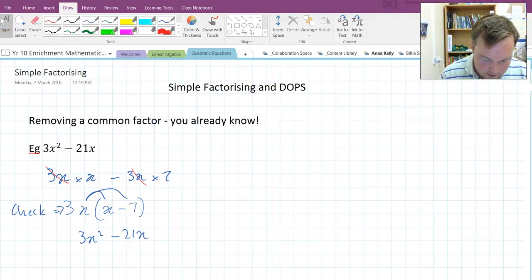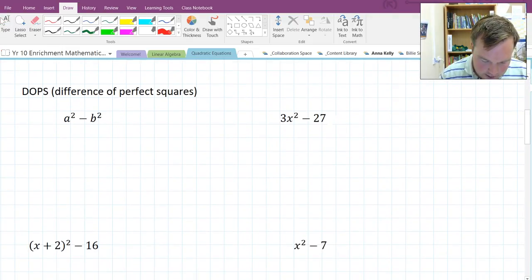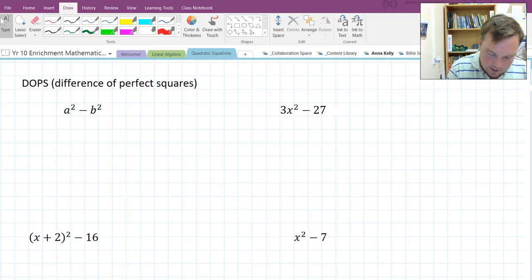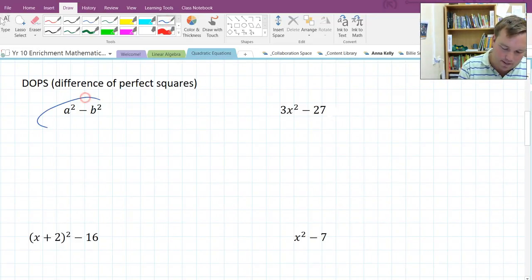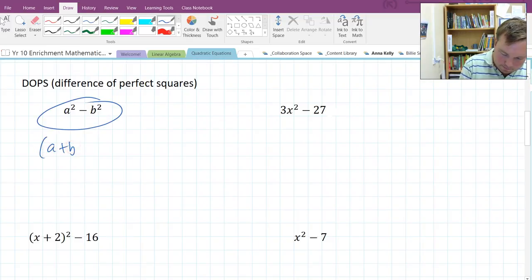Alright, other simple factorising techniques? Difference of perfect squares. From year 9, you'll know that difference of perfect squares starts off looking like this, and that simply factorises out to a plus b, a take b. And we can check by doing this.